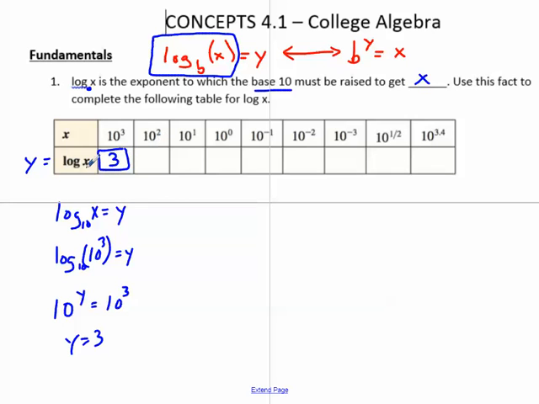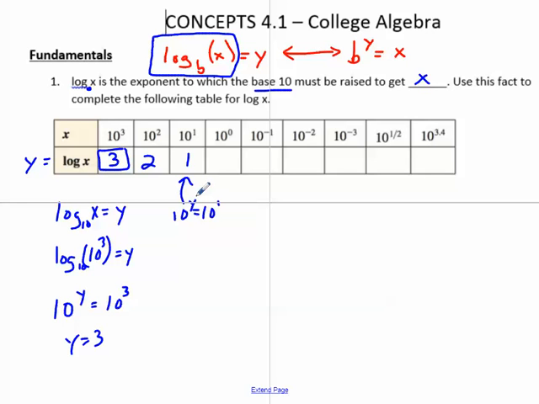Same thing with this question. 10 to what power equals 10 to the second power? Has to be 2. 10 to what power has to be equal to 10 to the first? Has to be equal to 1. So there's a statement that we can make.